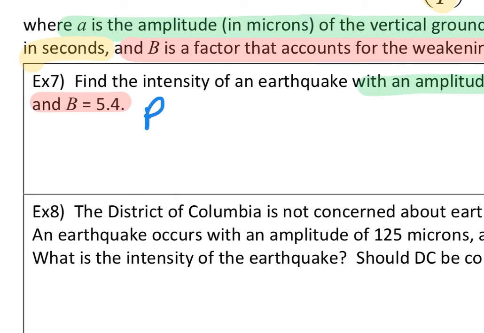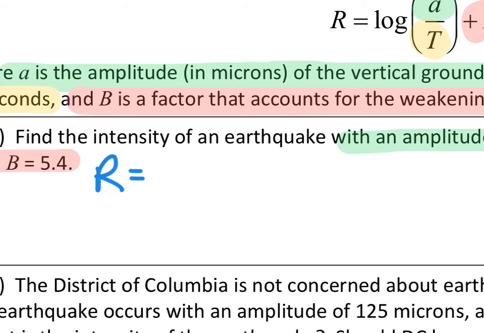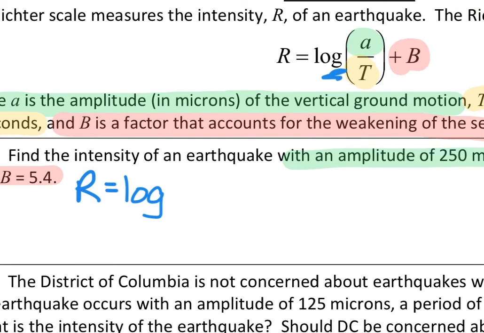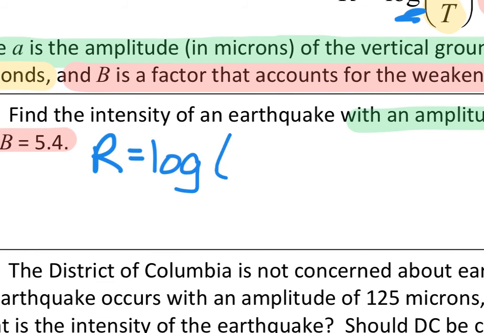So R equals log. And notice that your log doesn't have a base, which means that it assumes the common logarithm, or log base 10. So log of 250 over 2.1, plus your magical B number, plus 5.4.